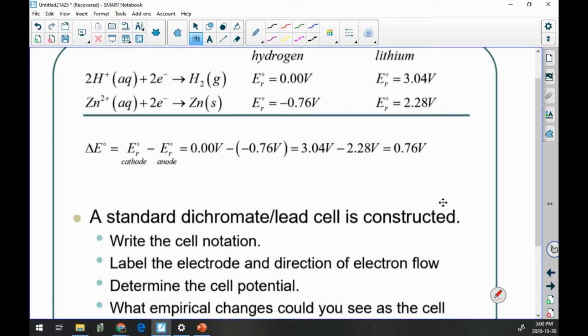The zinc would be assigned a 2.28 volts, but the difference between them is still 0.76. So these numbers here could change. I could shift them up or down, but the cell potentials would always be the same.